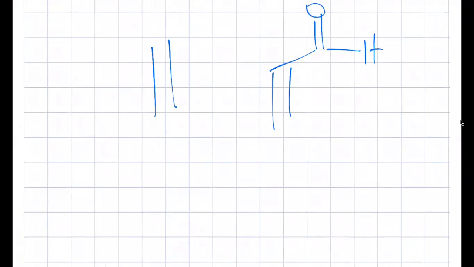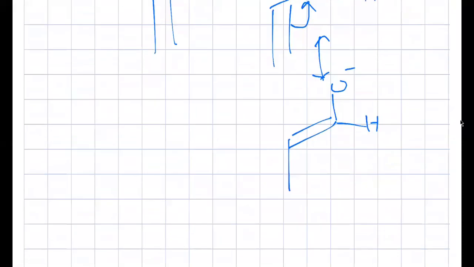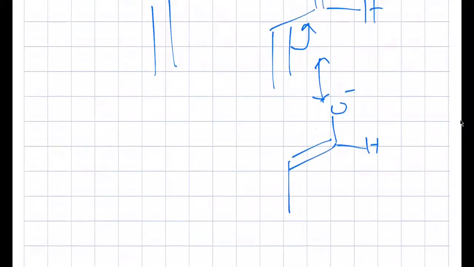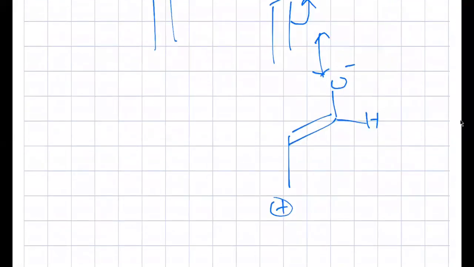One of the things that happens when you put an acceptor on the dienophile, especially a carbonyl acceptor, is that you can do resonance. What that does is it makes this carbon down here positive, and now it's activated.